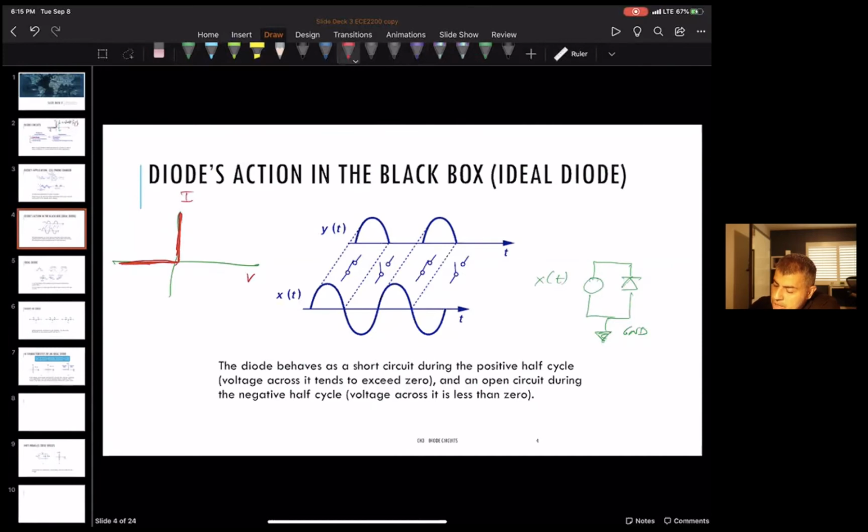And when V is positive, it's like a short. So when V is negative, out here, it looks like an open circuit. When V is positive, it's a short circuit.